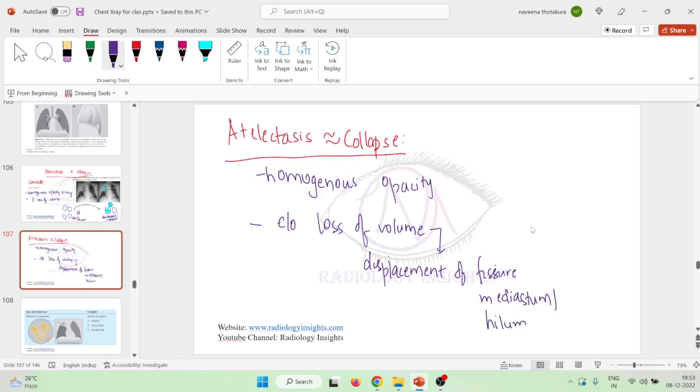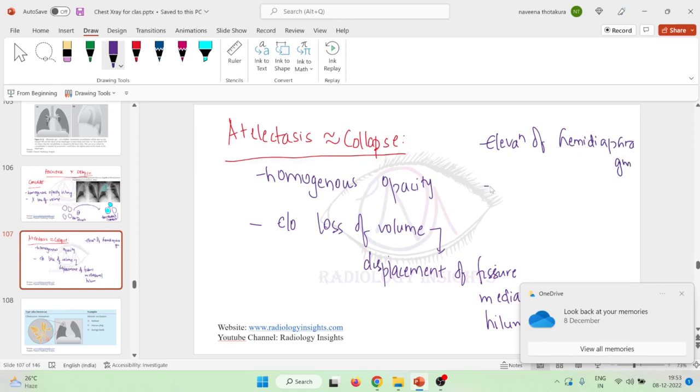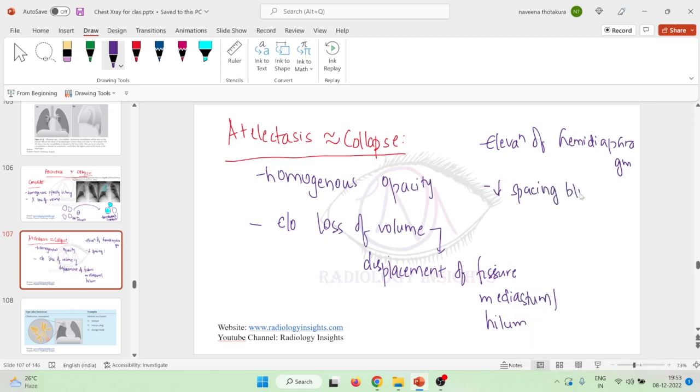Or you can also see elevation of the diaphragm, elevation of the hemidiaphragm, or a decrease in spacing between the ribs. Okay, so all these are important characteristics of atelectasis.